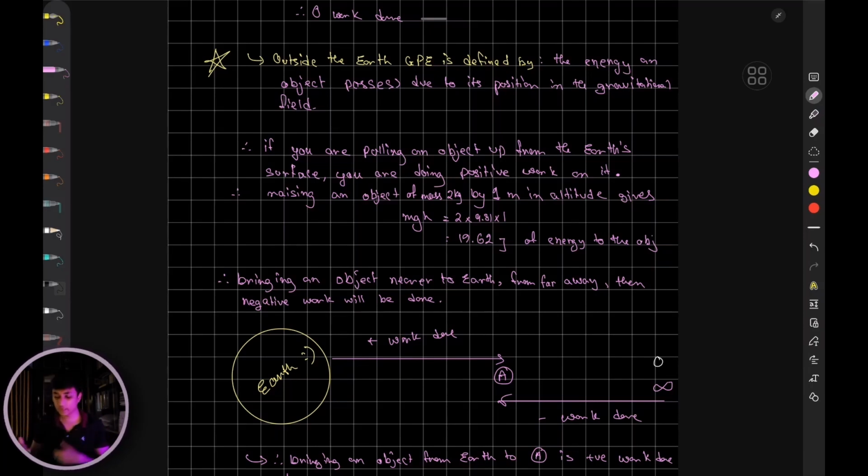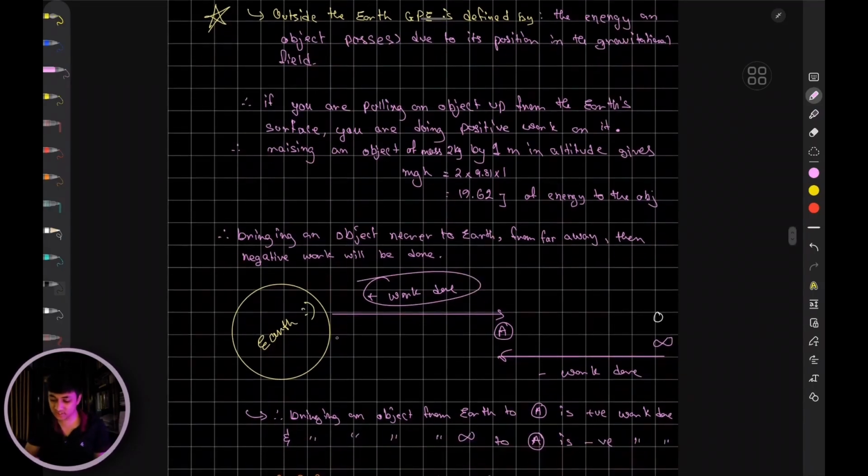So therefore, we are putting work into the pen to lift it up by a distance. Therefore, we're putting in energy. We are doing positive work on the object.